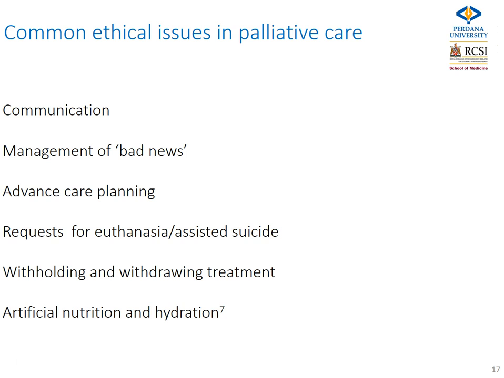What about advanced care planning? What about requests for euthanasia or assisted suicide, which are not unusual? What about the challenge of withholding and withdrawing treatment at end of life? And what of the issues surrounding artificial nutrition and hydration?